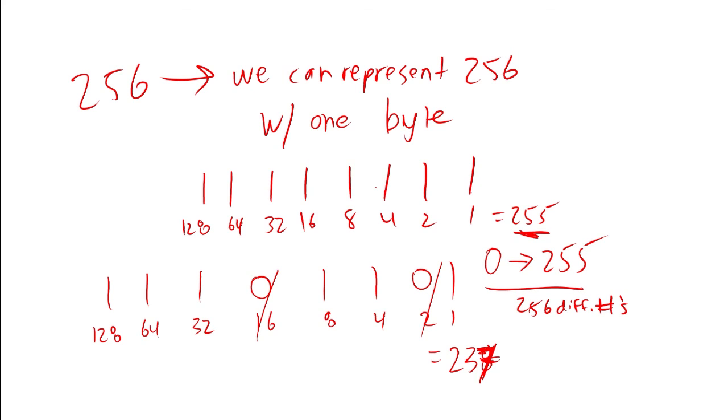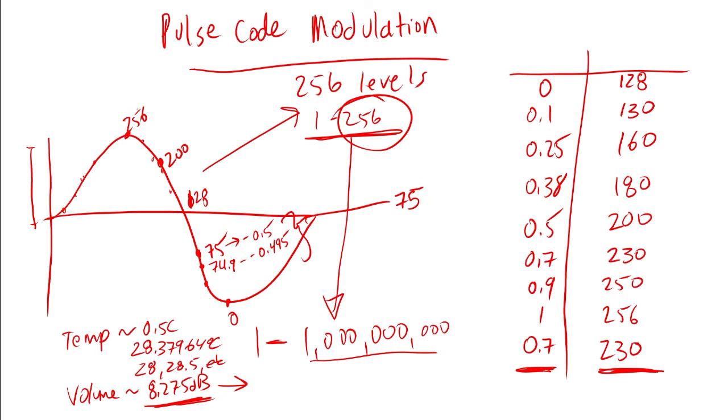So based on that, now looking back at our analog signal, which has 256 levels, every piece of data we sample can be represented by a number from 0 to 255, where each sample is 1 byte in size.